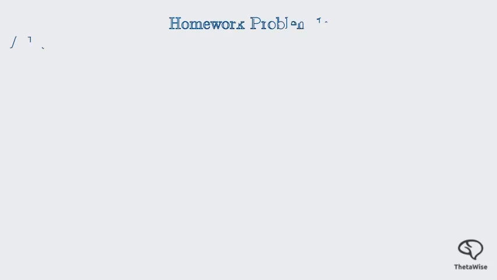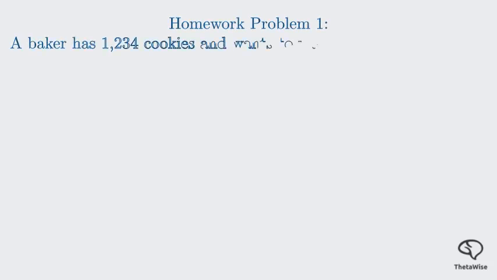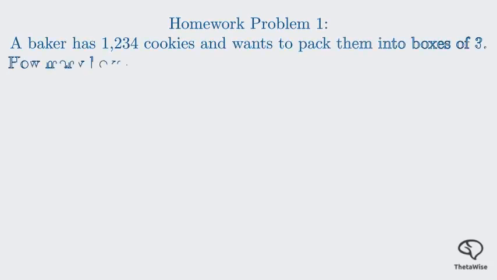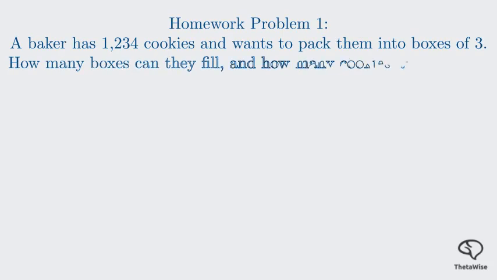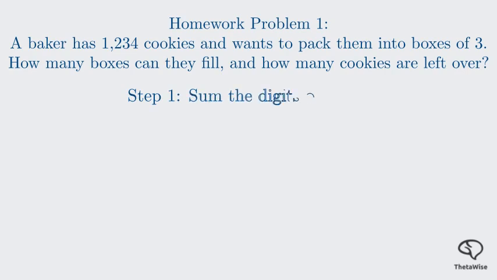Here's our first problem. A baker has 234 cookies and wants to pack them into boxes of 3. How many boxes can they fill, and how many cookies are left over? This is a division problem. We need to find 234 divided by 3. The remainder will be the number of cookies left over. Let's use our shortcut. First, sum the digits of 234.